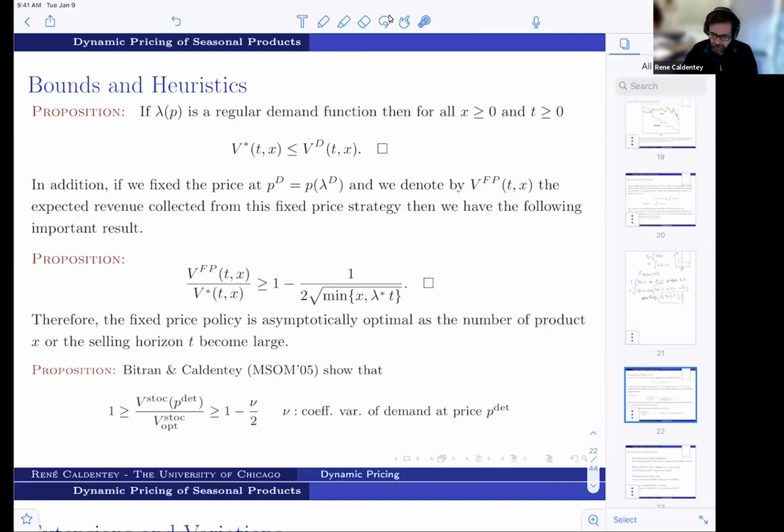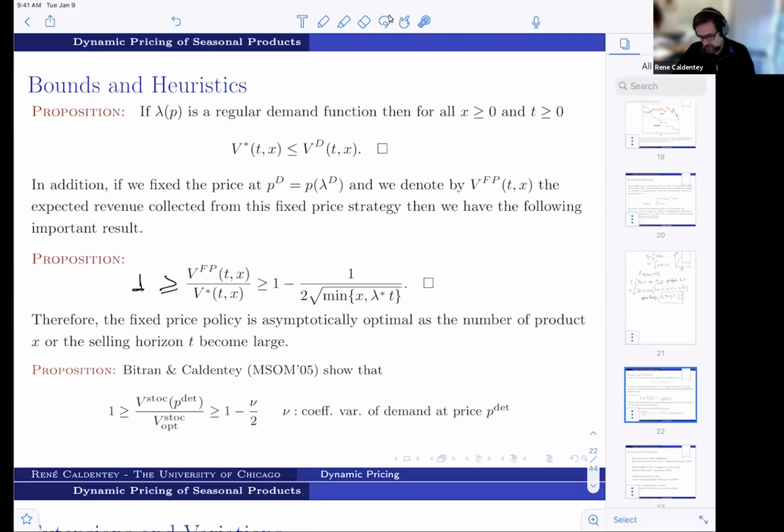That value satisfies this ratio here: the ratio of that policy to the optimal one is bounded by 1 minus this ratio. Why is this important? Because obviously this is always less than 1, since the optimal policy V star always generates higher profits than your fixed policy, which is just one policy, but it's bounded below by this quantity.